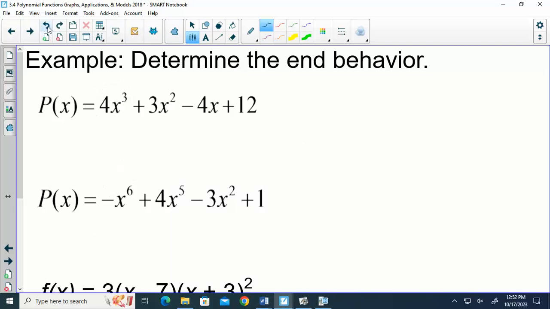My degree is even or odd? Odd, so that tells me it's going to look like a normal cube. Positive coefficient, so does it flip? No, so my end behavior is just down. Alright, second one. So my leading term is negative x to the 6. So even power tells me it's like a parabola, both ends are doing the same thing. The negative tells me both ends are pointing down, so it's down, down.